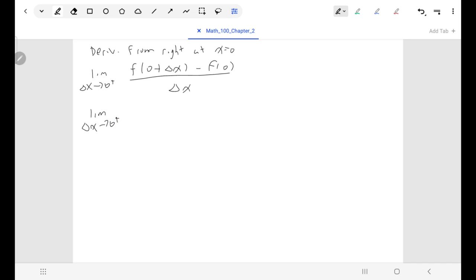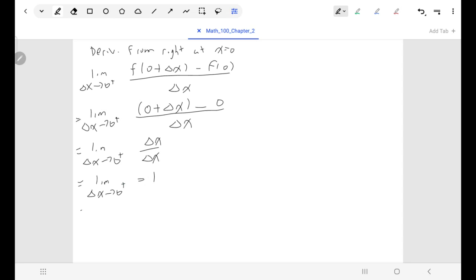And we know for the absolute value function, then it won't change the sign, it'll just keep it as is. F of 0, that's absolute value of 0. I'll have delta x over delta x, which will cancel and give me 1. And so my derivative from the right is 1.